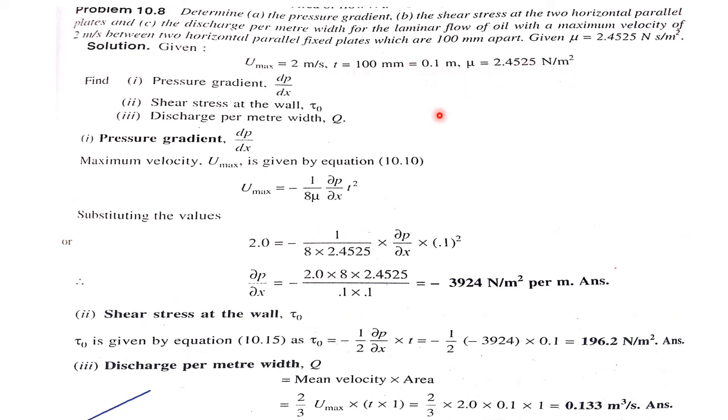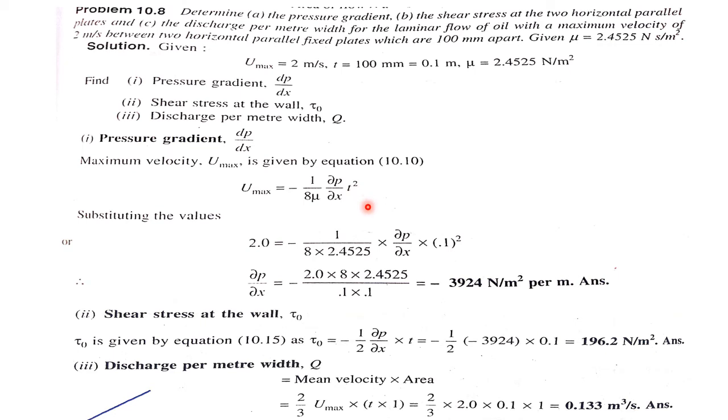Viscosity is given. He has asked us to calculate first the pressure gradient, second the shear stress at the wall, and the discharge per meter width. So let us calculate first the pressure gradient. Maximum velocity is given by the equation U maximum is equal to minus 1 upon 8 mu dou P upon dou X into T square.